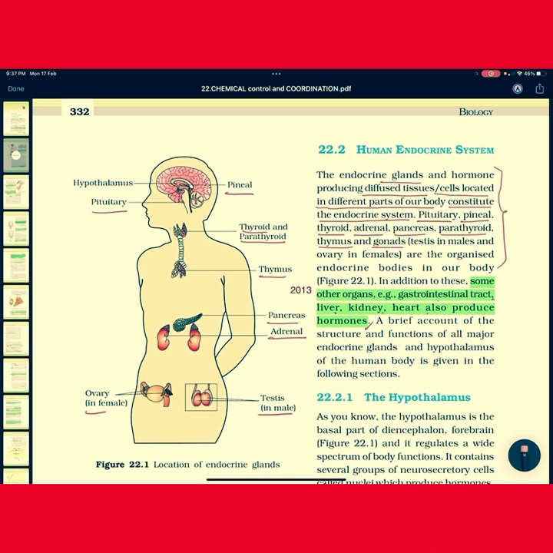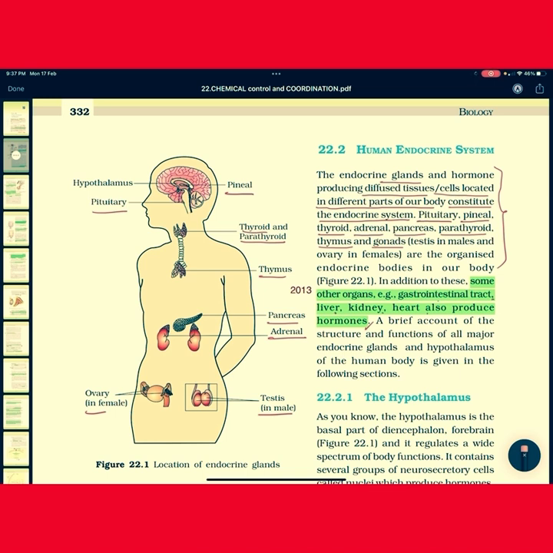But the heart is also able to produce a hormone, ANF, atrial natriuretic factor. You understand, kids? Actually the main function of the heart is transport of blood, but it is also able to secrete hormones. Hence it is an unorganized endocrine gland.